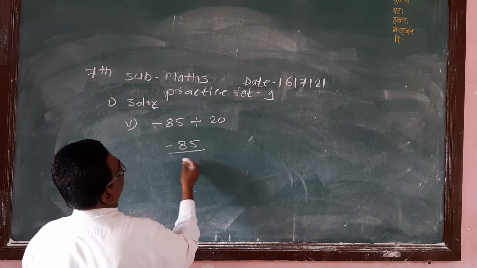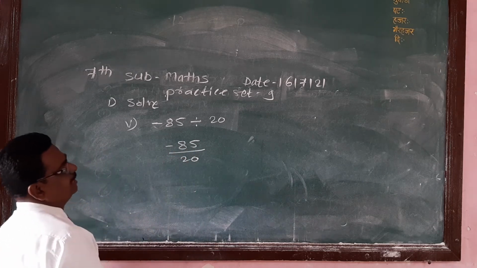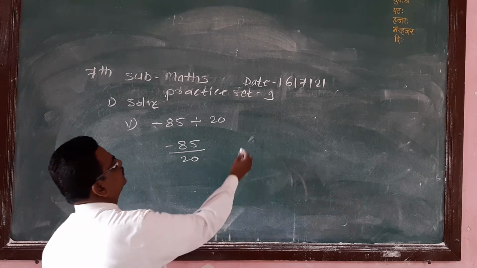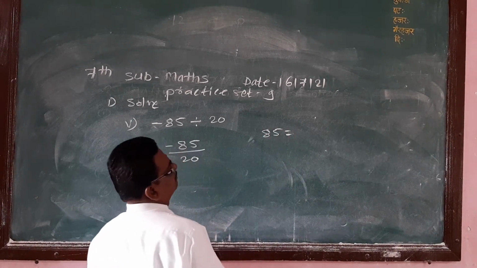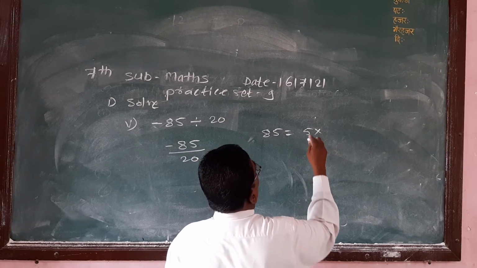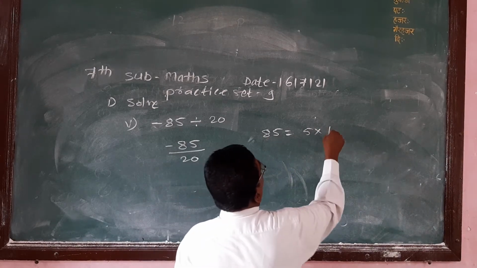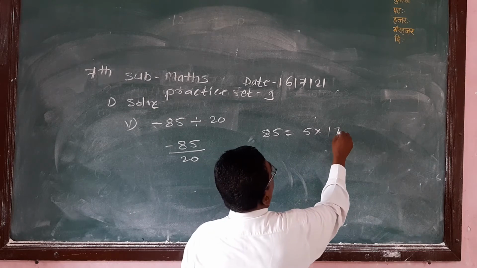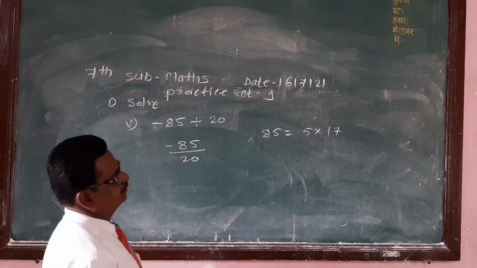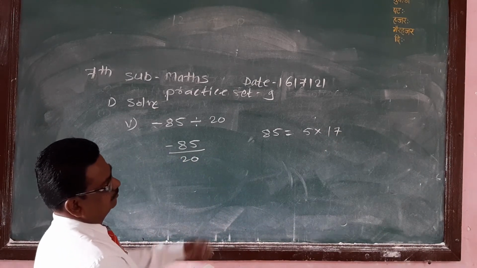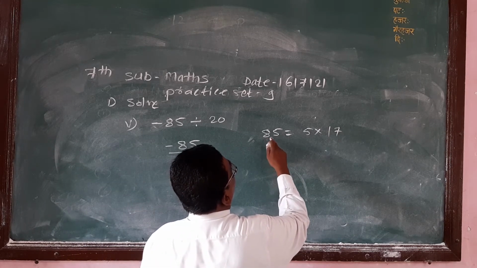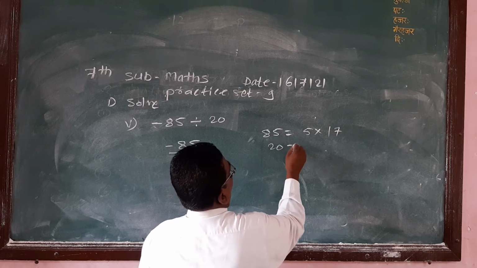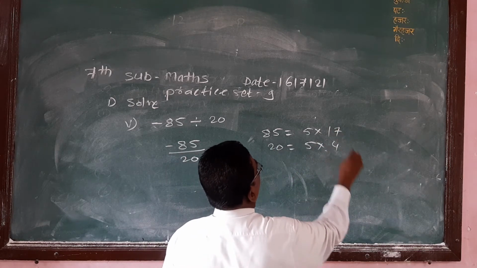Minus 85 divided by 20. 85 is equal to 5 into 17, and 20 is 5 into 4.